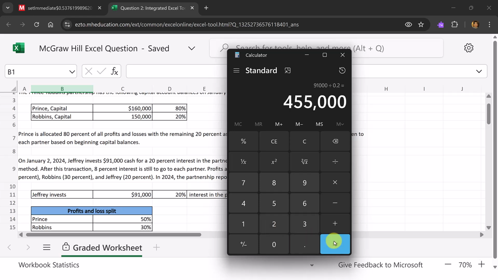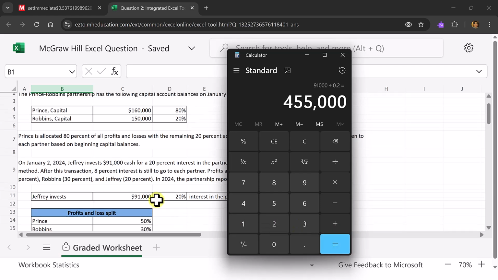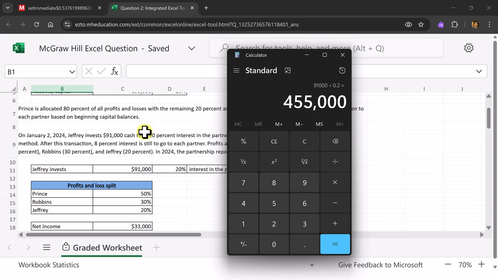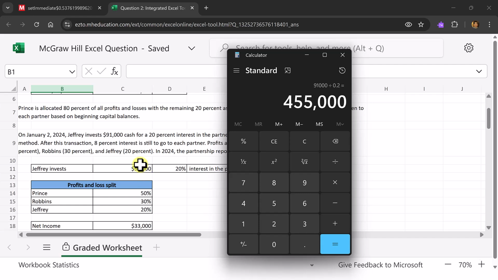The whole partnership, after Jeffries is admitted, should be worth 455,000.